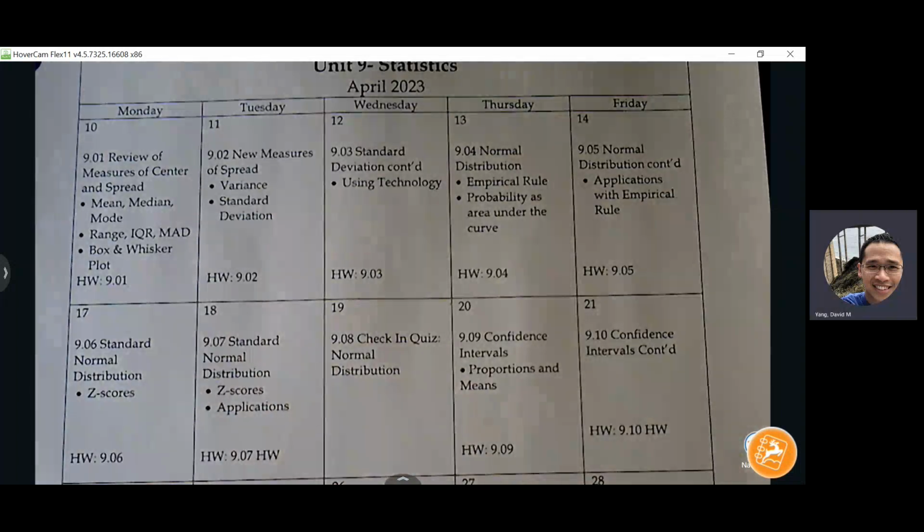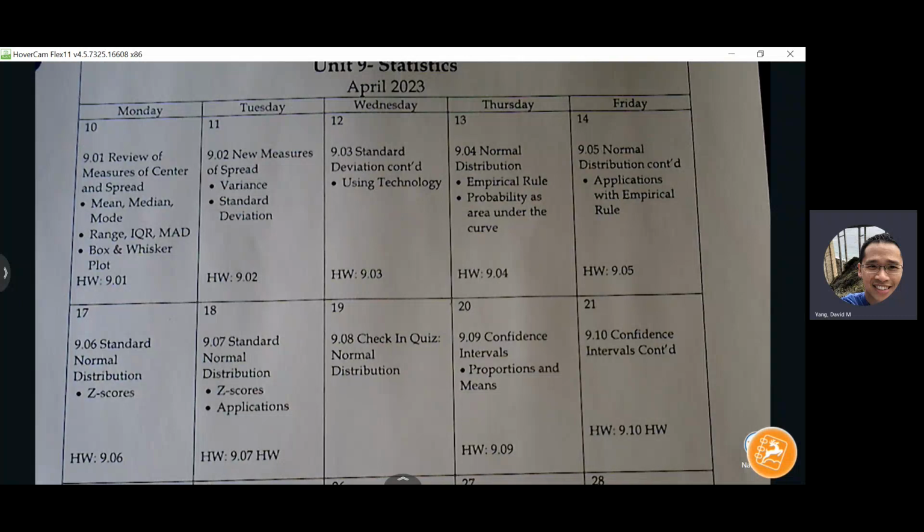So let me just go through the calendar here, just to see if you guys have any questions. No assessments this week. A lot of this you may have seen in previous courses. So today I think a lot of it will be review: mean, median, mode, range, IQR, mean absolute deviation.